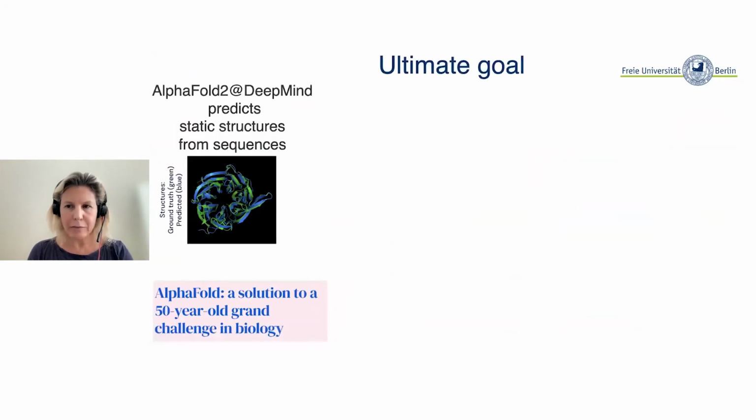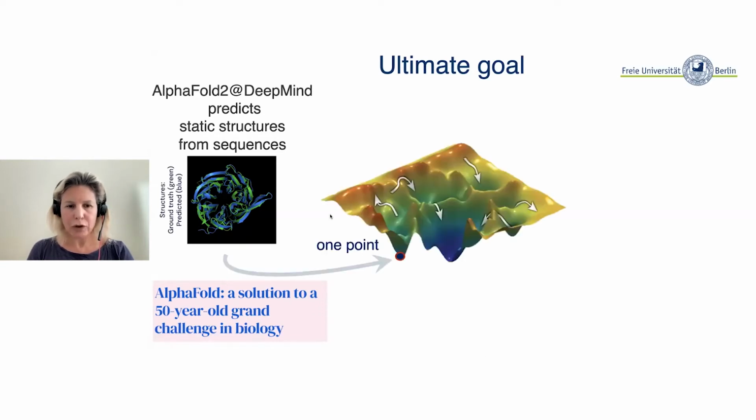Let me start by stating what we want to do, what our final goal is. Last summer, there was a big splash in the news because AlphaFold 2 from DeepMind managed to predict quite accurately a lot of folded structures from sequences. If you think about it, what it does is give you the most stable point on a free energy landscape.